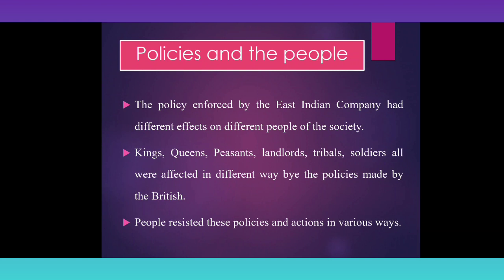We learned in the previous chapters how they got affected. Kings and queens were affected because of policies like the doctrine of lapse and subsidiary alliance. Peasants and landlords were affected due to taxes and the revenue collection system. Tribals were affected because of the forest law. And soldiers, right now we are learning about them.